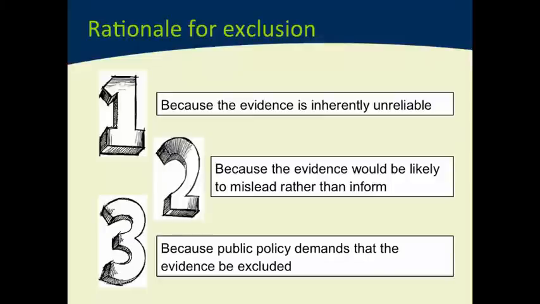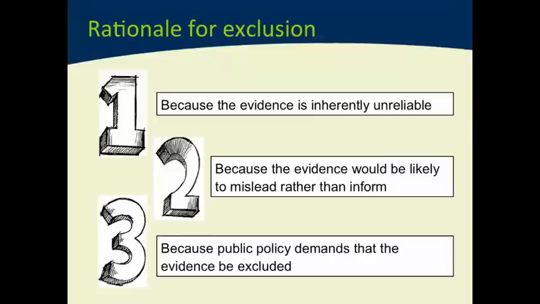Second is because the evidence would be likely to mislead rather than inform. You will find that much of the time this semester we will talk about the balance between the probative and prejudicial values of particular evidence. A good example here is evidence of somebody's criminal past.